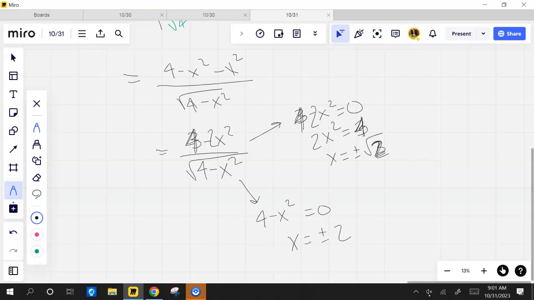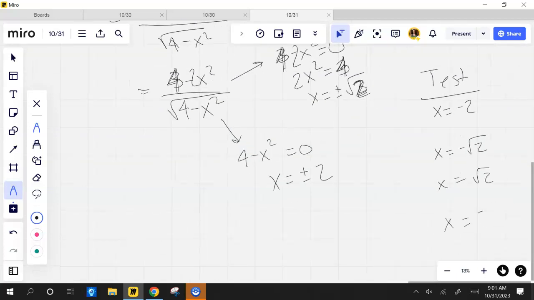Those are my domain endpoints, right? I'm a restricted domain. Do you agree or disagree? Agree. So I'm going to test all my points. I'm going to test -2, negative square root of 2, square root of 2, and 2.